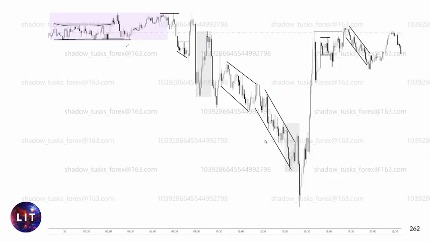So obviously we have sideways channel, equal highs here, also equal lows here, little build up here into another downwards channel here, and then another downwards channel here. This is a false reaction upwards. I'll show you why.